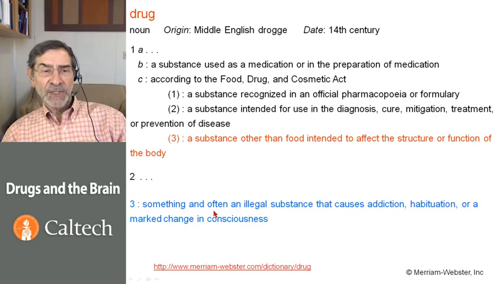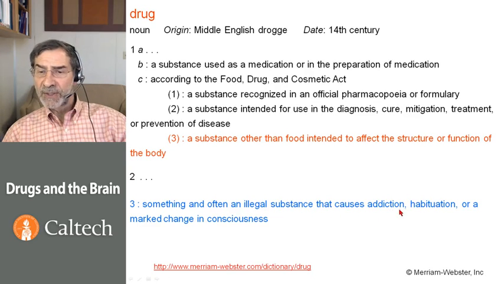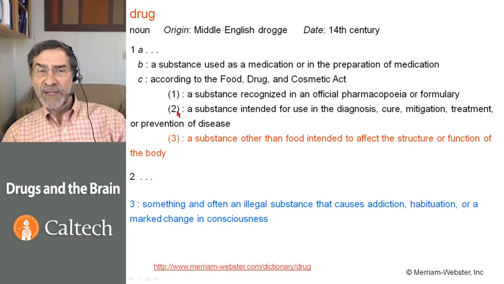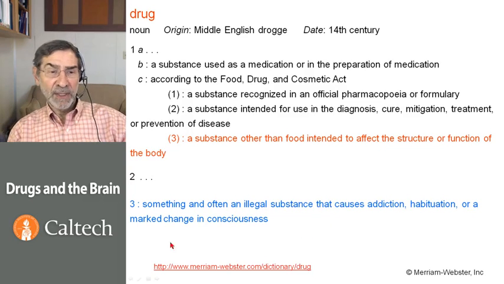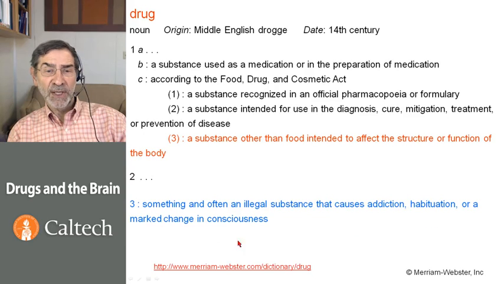And finally, according to the dictionary, a drug is something, and often an illegal substance, that causes addiction, habituation, or a marked change in consciousness. And this is the definition used by many people, and it is also the definition used by the U.S. National Institute on Drug Abuse, part of the NIH, which supports a lot of research, including some of my own research.